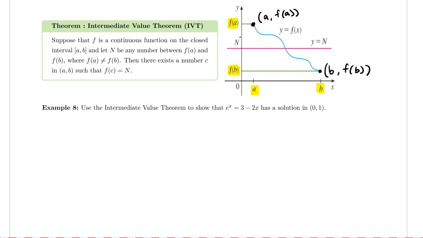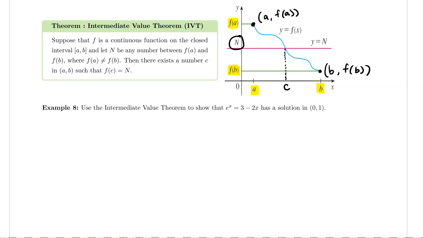And we can choose any numerical value between the y values f of a and f of b, and if we have a continuous function, our function must attain that y value of N somewhere between a and b. We are guaranteed, and we call that x value c.